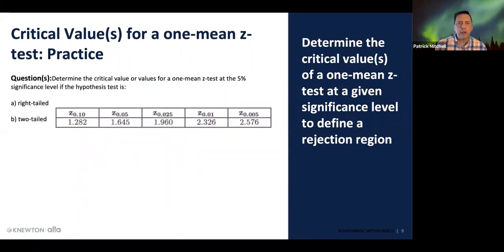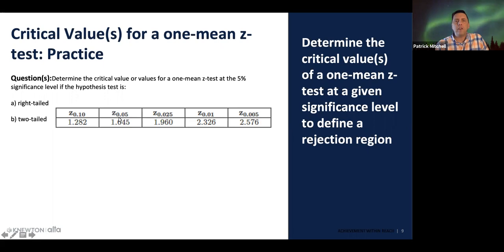Here's a little warm-up example. They want us to determine the critical value or values for a one-mean z-test at the 5% significance level if the hypothesis test is first right-tailed and then two-tailed. Starting with right-tailed, this cuts off the top 5% of your normal distribution.